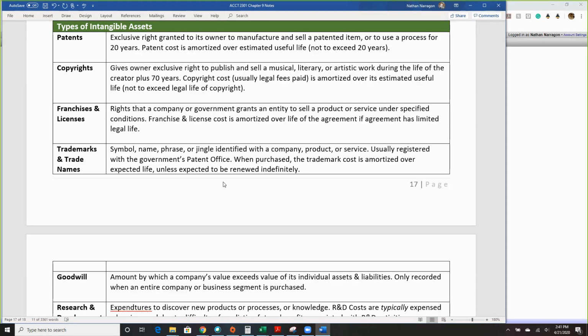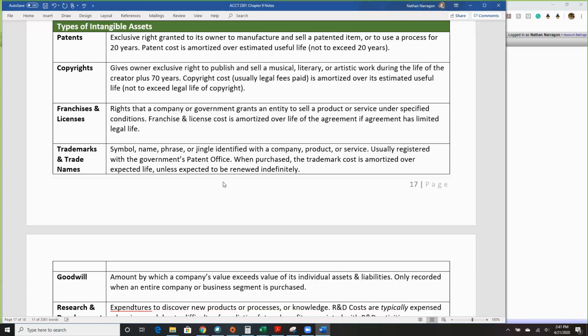But a patent usually will last for about 20 years. It depends on which country, but for the US, it's about 20 years. Okay? Again, we can patent anything, so any invention, any modification, but you have about 20 years legal life.